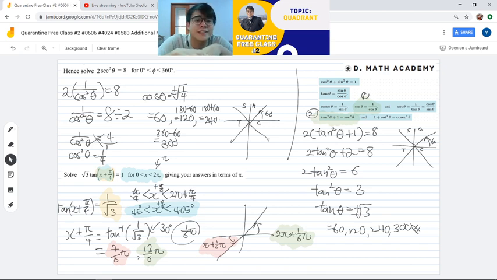If you can master this, it will help you a lot in your exam. So are you guys okay? If you're okay, then only I will move on to the following part.